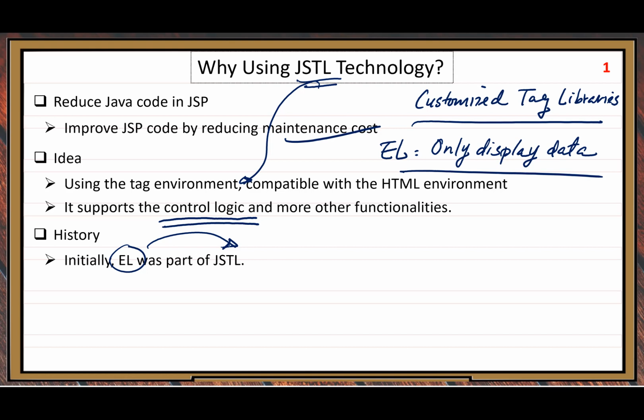So our current way to use EL, you can see we do not need to import JSTL tag libraries to use EL. We can use EL directly inside our JSP. Independent. But the history, it came from there.